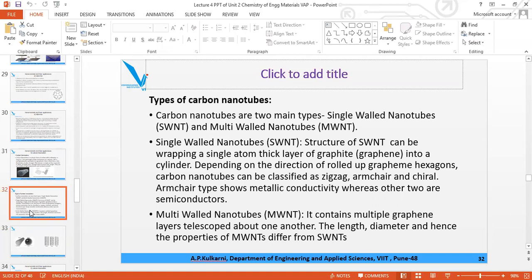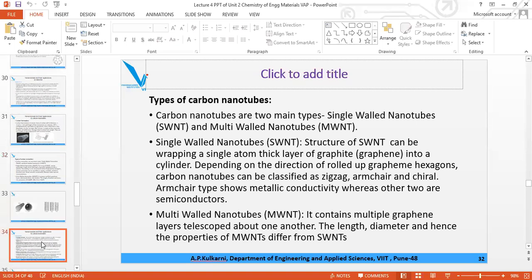The length, diameter, and hence the properties of MWNTs differ from single walled. Here only one layer thickness is there, while here many layers are there, so the length and diameter will change, and therefore the properties are different.